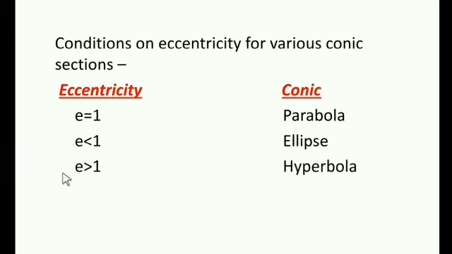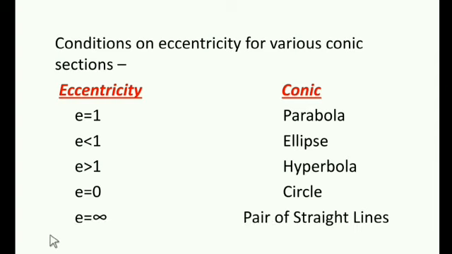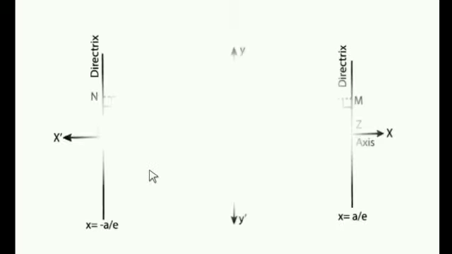If eccentricity is greater than 1, the conic will be a hyperbola. If eccentricity is 0, the conic will be a circle. And if eccentricity is equal to infinity, it will represent a pair of straight lines. These are 5 points. You may note this for MCQs. It may come in the paper.